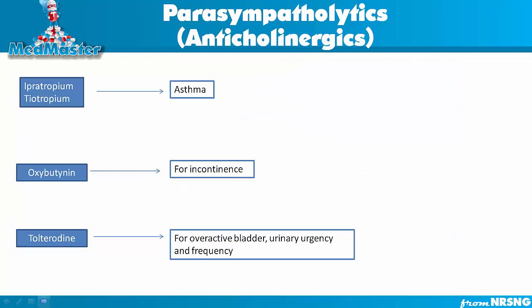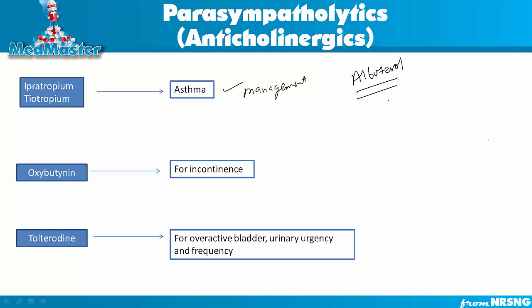Ipratropium and tiotropium are used for asthma. Now that's another thing to remember about these drugs: they are used for asthma management. What does that mean? If you know about albuterol, that's the sympathomimetic drug.